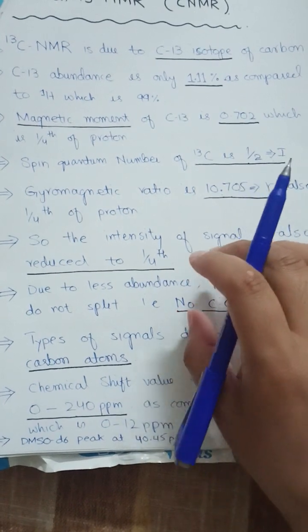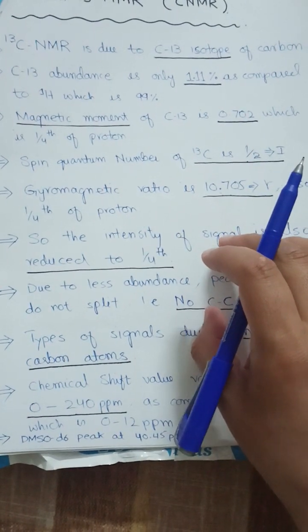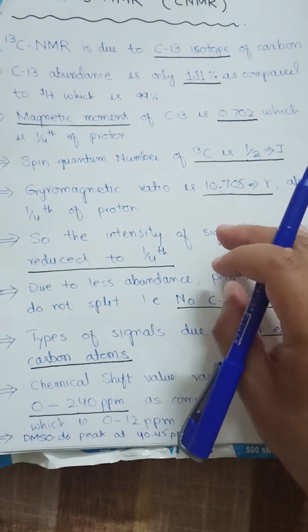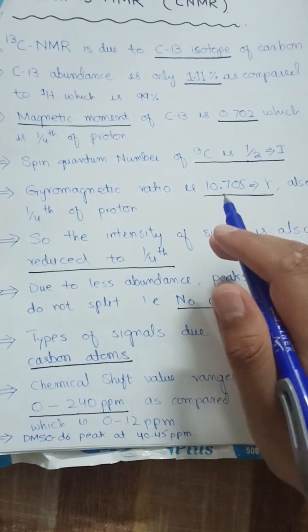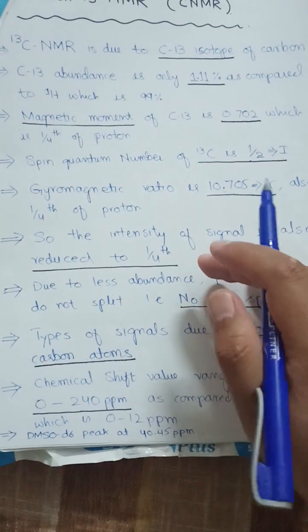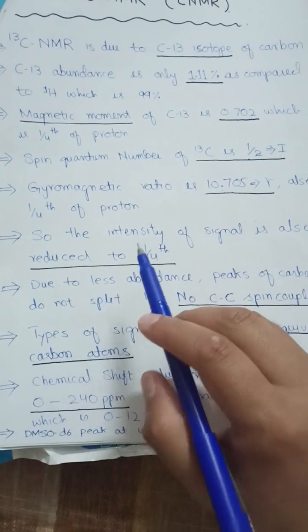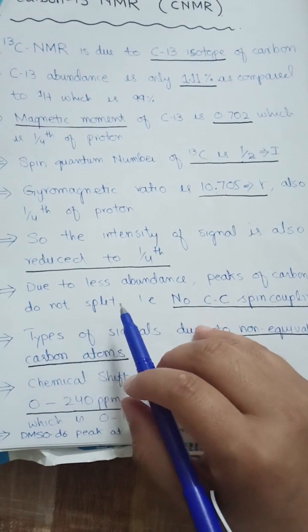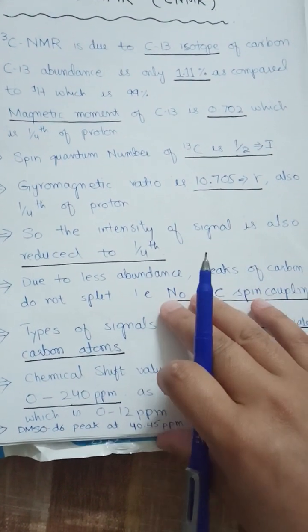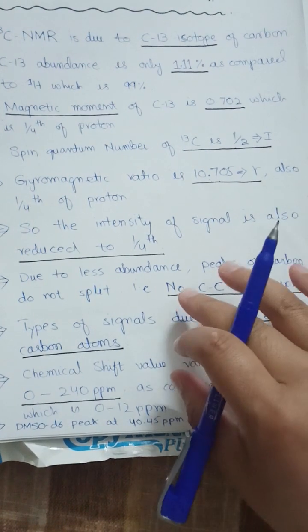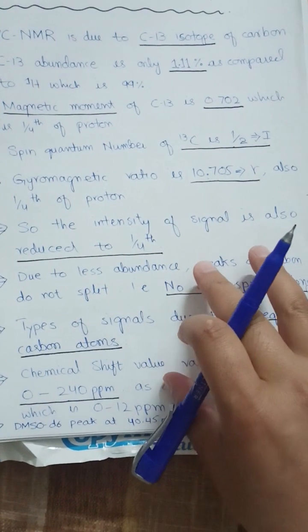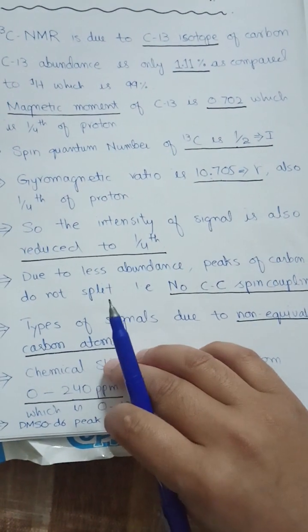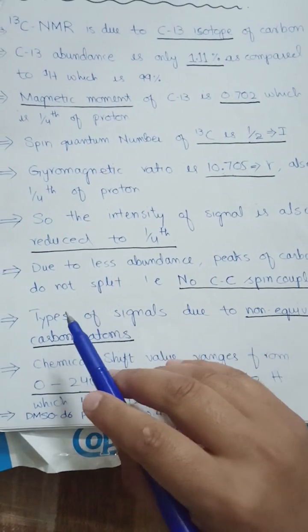So in carbon NMR, the intensity is very low as compared to the proton NMR because of these factors, that is gyromagnetic ratio, the percentage abundance of the carbon 13 isotope, and the magnetic moment. Due to the low abundance, the peaks of carbon do not split, and carbon-carbon spin coupling or splitting is very much reduced and cannot be considered.